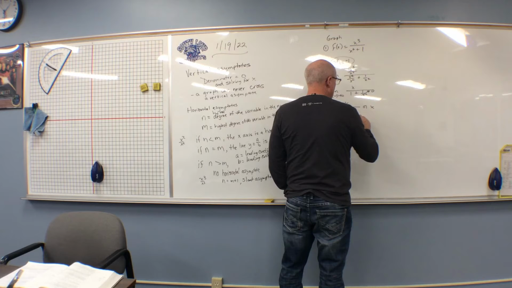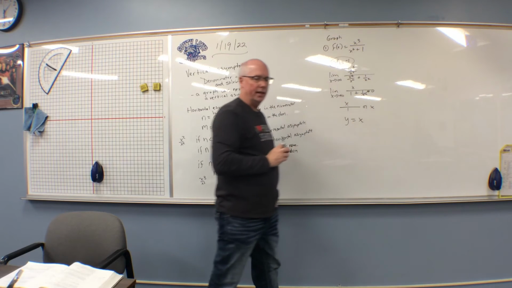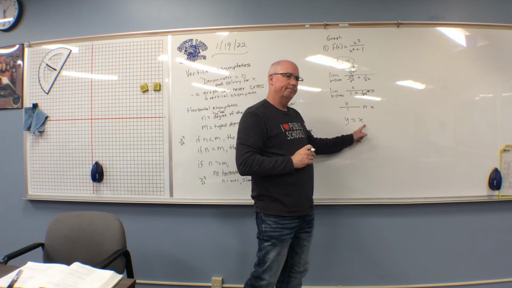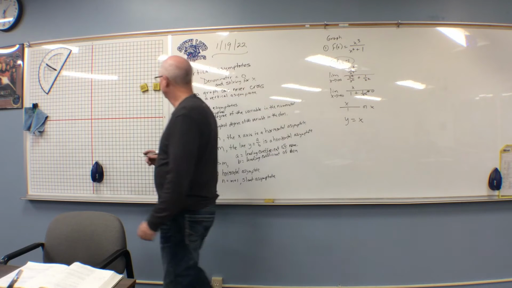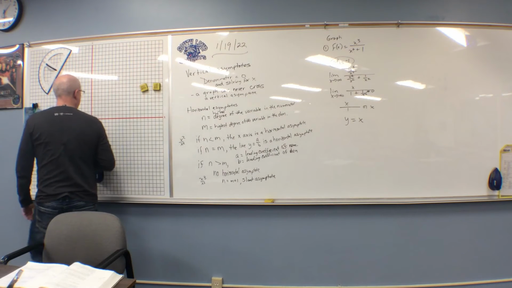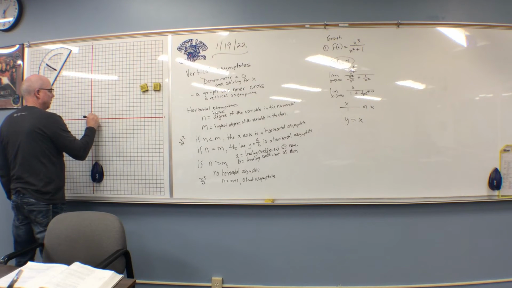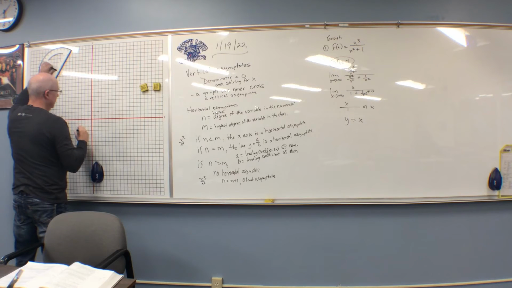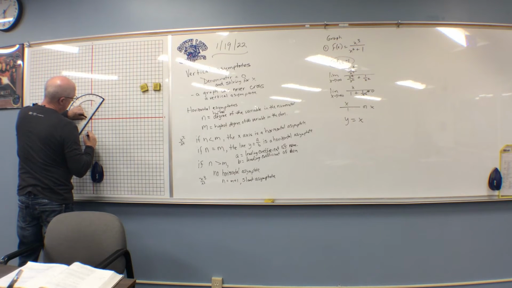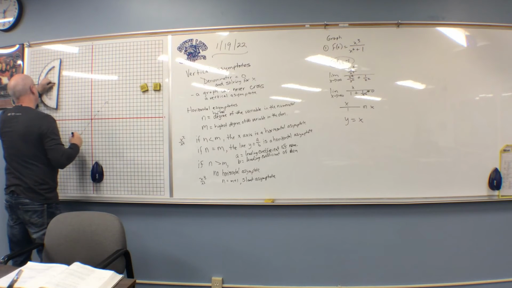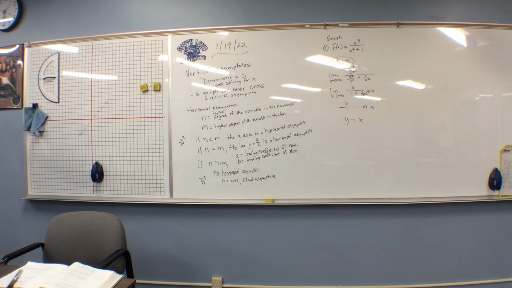So y equals x is our slant asymptote, okay? All right, so let's go ahead and graph that. y equals x goes through 0, 0, has a slope of 1, so it looks like this. All right, like that. This graph is going to somehow wrap itself around.